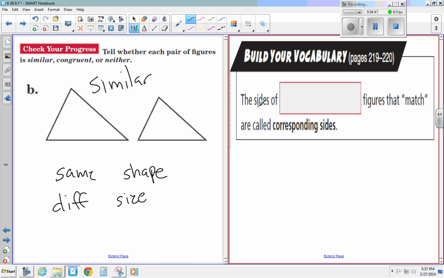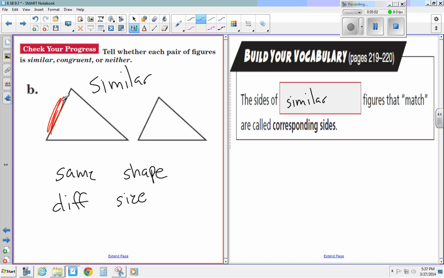All right. The sides of similar figures that match are called corresponding sides. Take a look at this last example of being similar. This side right here matches or is the corresponding side right there. The longest side of this triangle is right here.